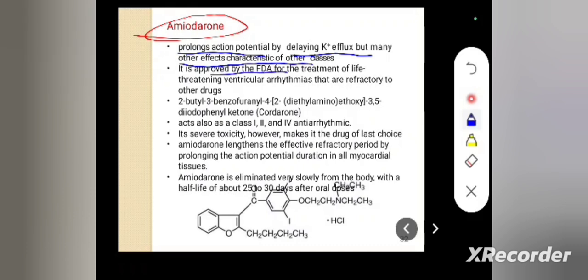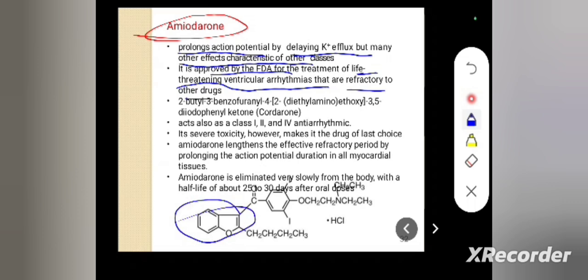It is approved by the FDA for treatment of life threatening ventricular arrhythmias that are refractory to other drugs. So amiodarone is the main drug of potassium channel blockers, and chemically amiodarone is a benzofuran derivative.